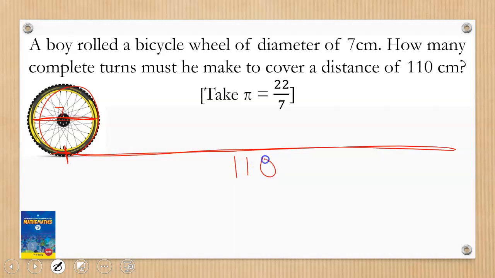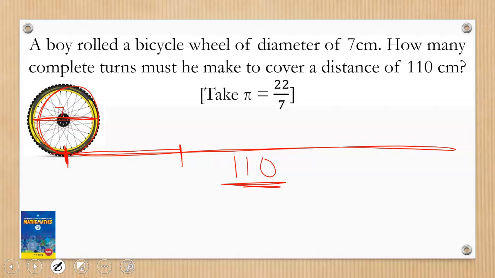And here the distance was given as 110. Now, the question is, how many turns did the boy roll the bicycle wheel so that he could make the distance of 110? So when the boy starts the rolling from here, and the bicycle tire rolls on the ground and reaches this point after a complete turn, and we know the distance here, then we can use that distance to find out how many of those distances we can get from 110.